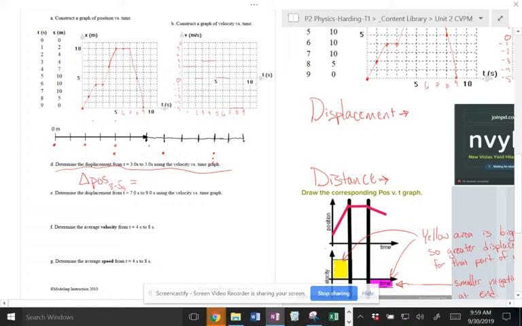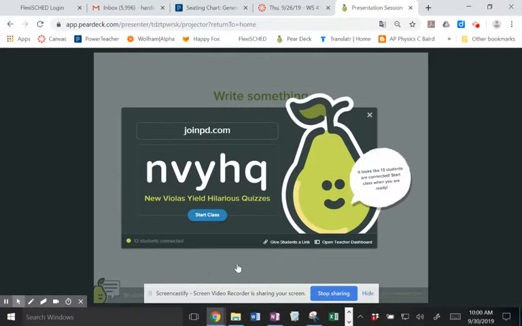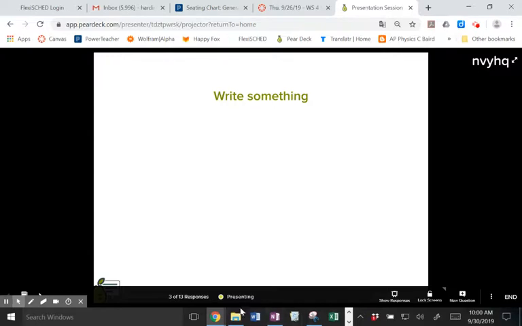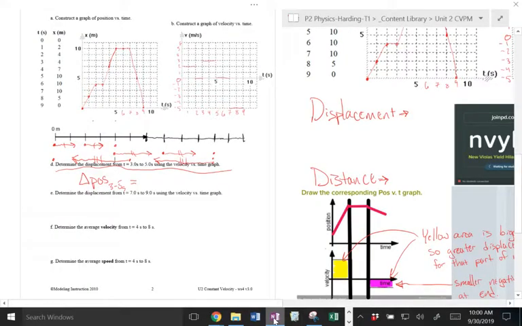One, two, three, four. There we go. All right, so the question on the pear deck is the change in position from 3 to 5 seconds.